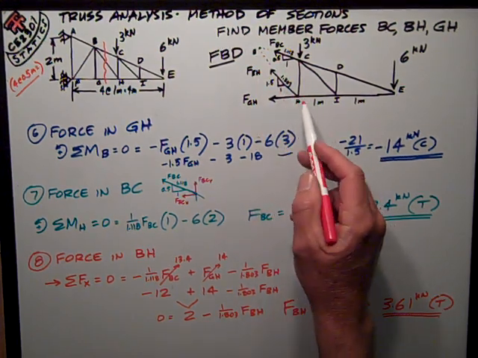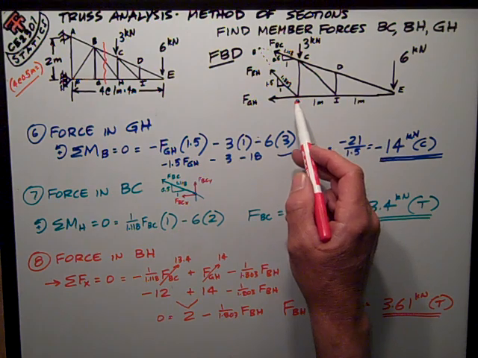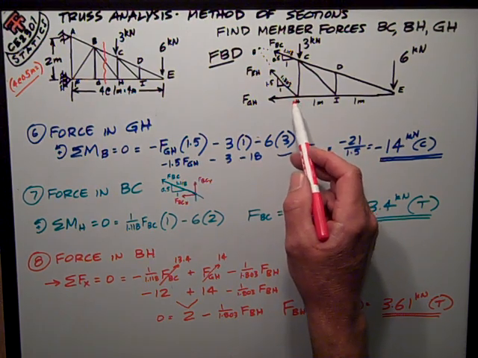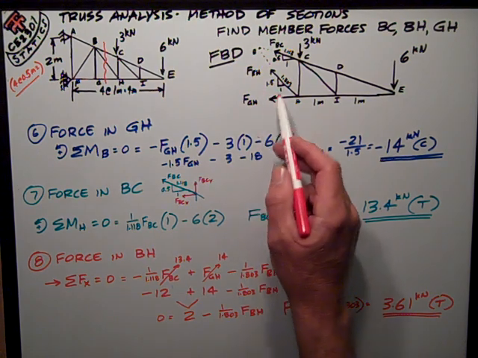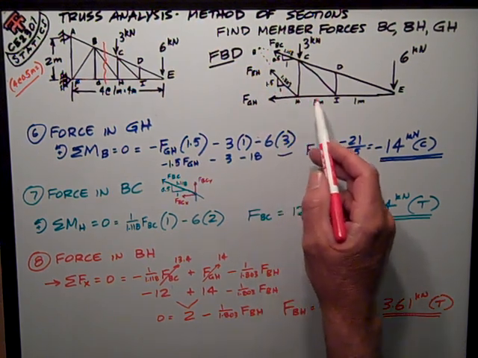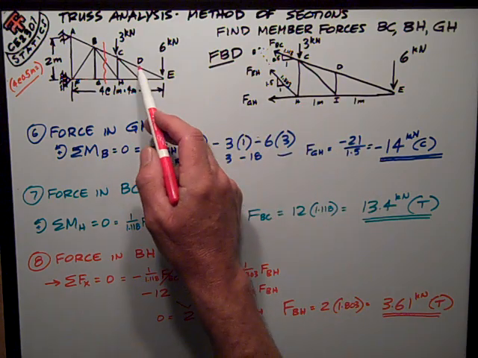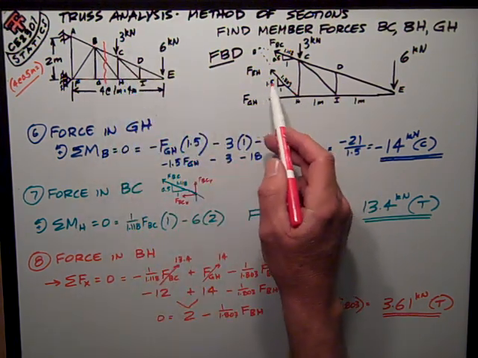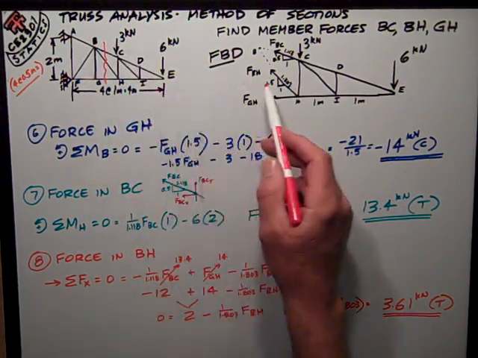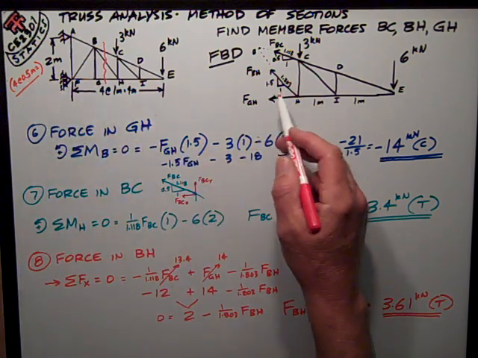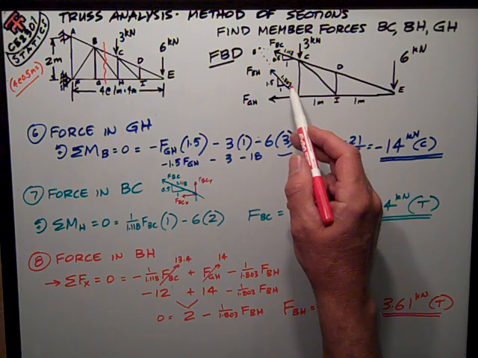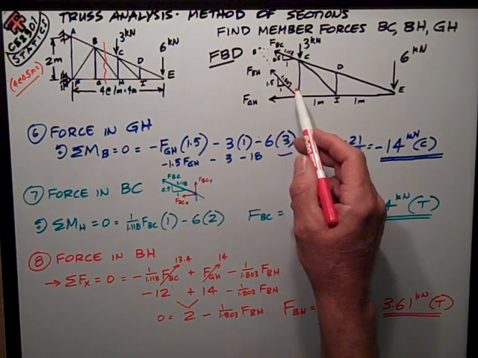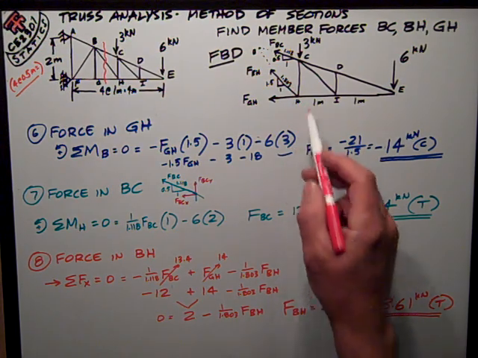For BH, it's going from H to G, so that's going over 1 meter, and it's going up 3 panels, 1, 2, 3, so that's 1.5 meters, 3 times 0.5. So it's going up 1.5 and over 1. Doing the Pythagorean theorem, I get that the hypotenuse is 1.803.